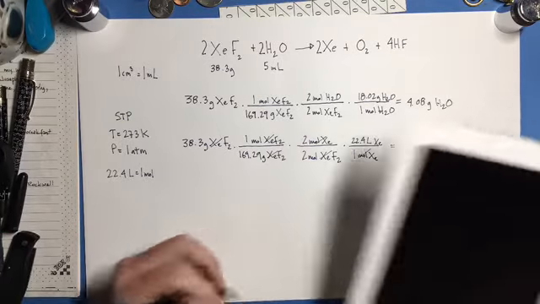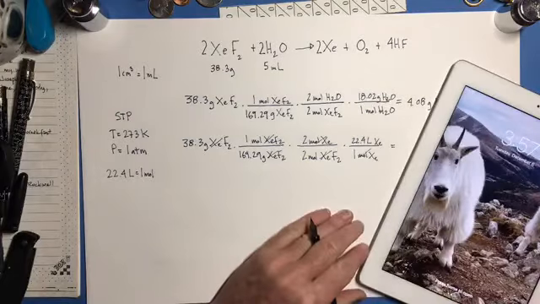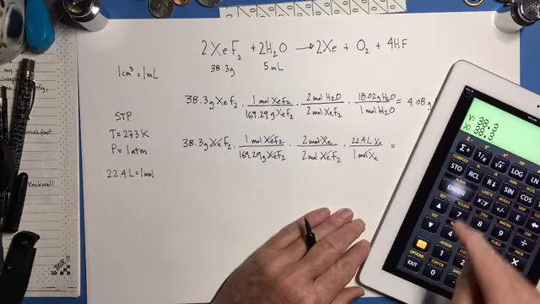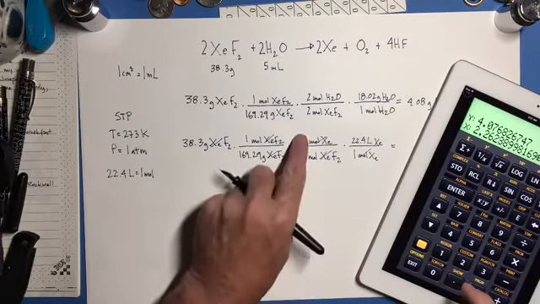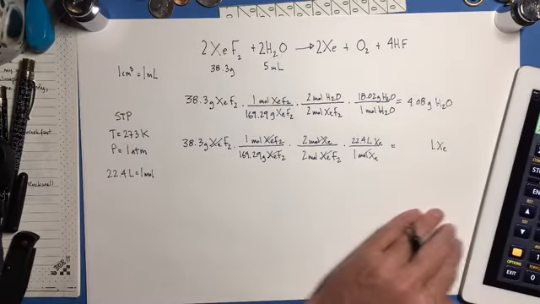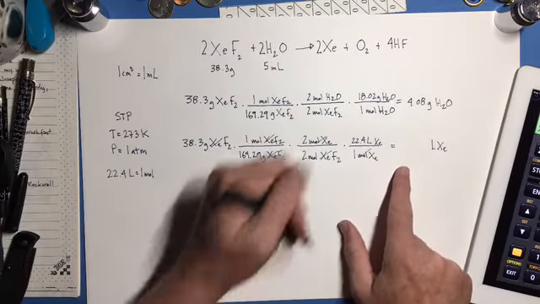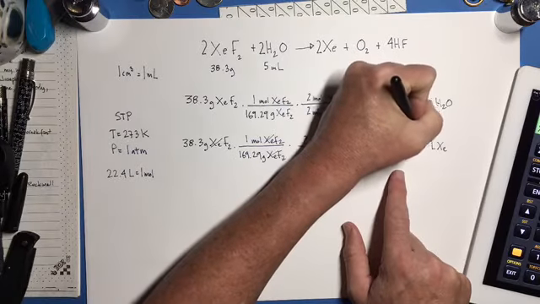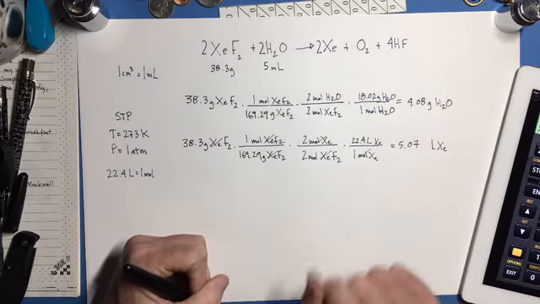So now there's nothing left but the arithmetic. All right, so 38.3, 169.29 divide. That's a wash, 2 divided by 2, so 22.4 times, look at 5.06, or with 3 sigs, 5.07 liters of xenon. There you go, volume of xenon.